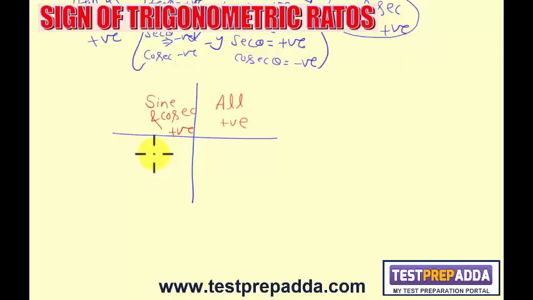And in the third quadrant, what are positive? Tan and cot. Tan and reciprocal cot. And here in the fourth quadrant, cos and reciprocal sec.